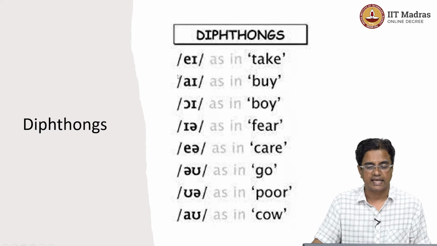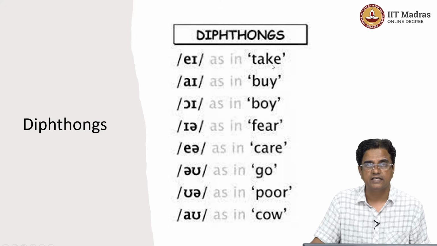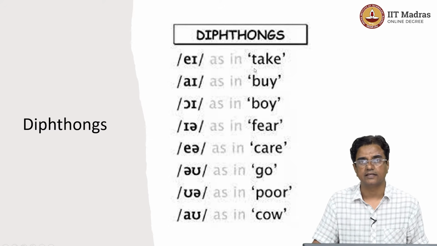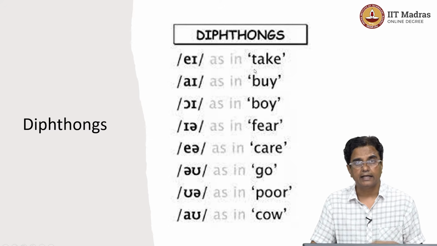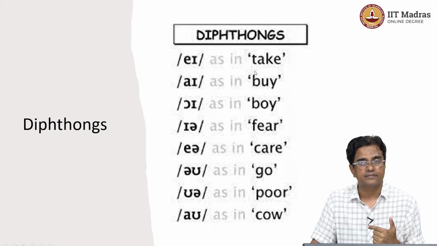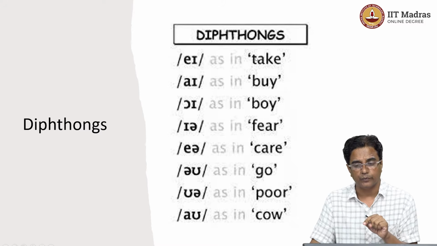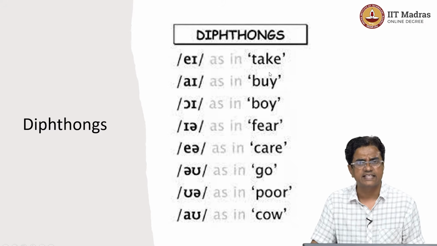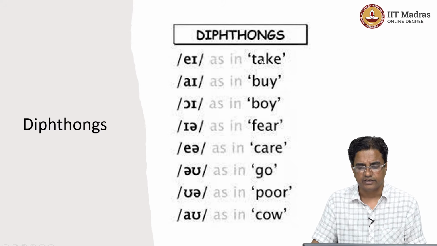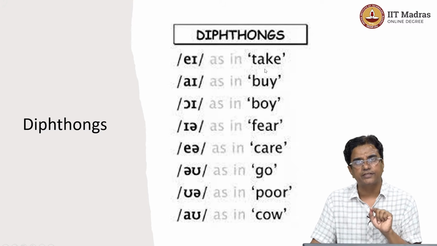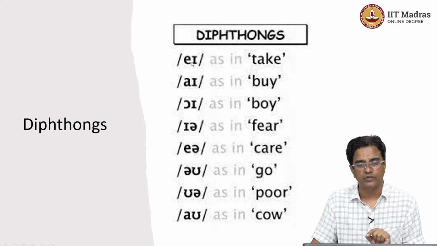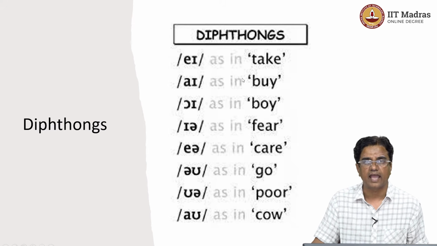So the first one is A, as in, how do we pronounce this word? Take. Take. Paying attention to these sounds will help you improve your pronunciation. We can say take. Now, we can reach that pronunciation only when we know that the vowel sound here is A, take.